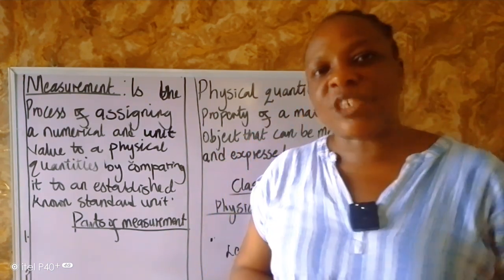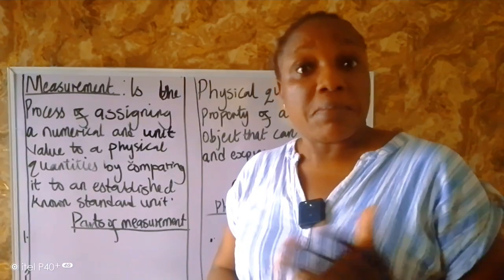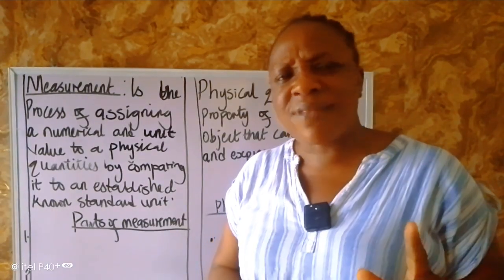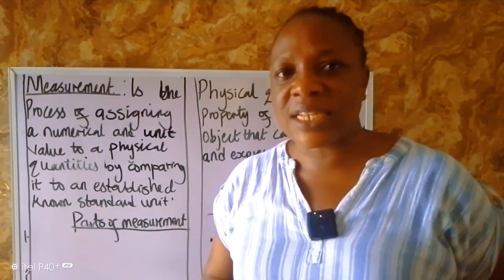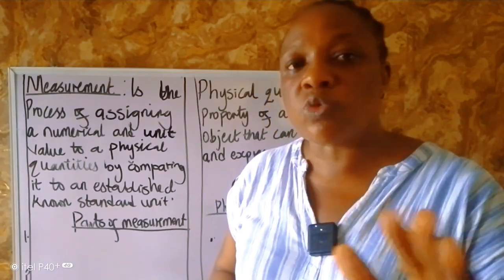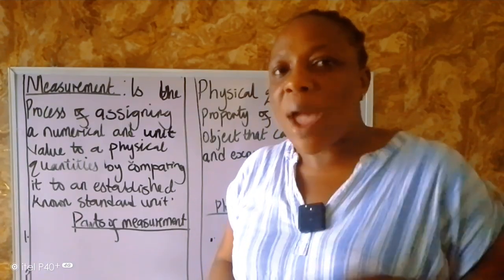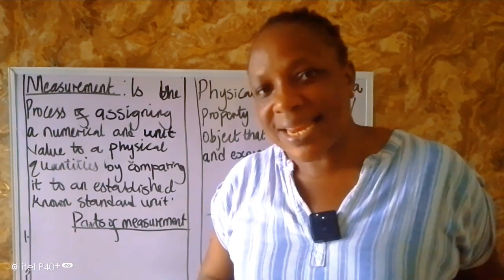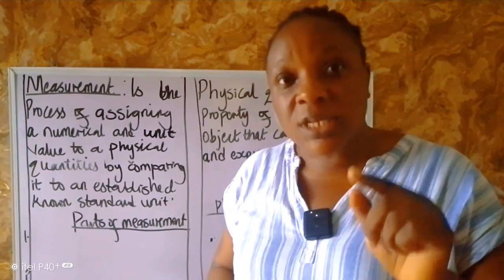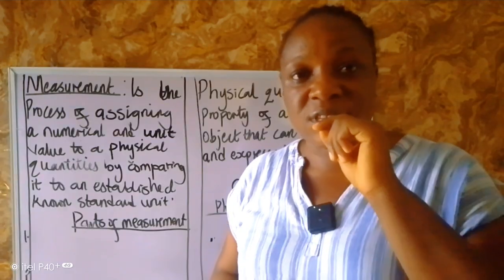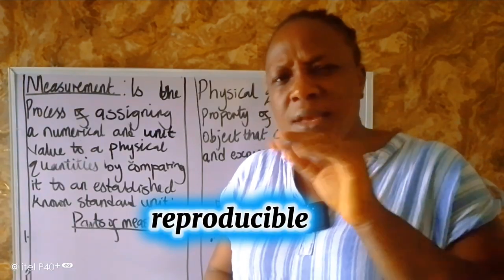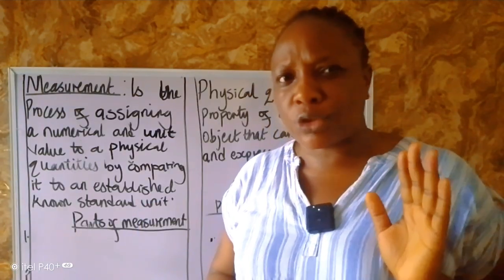We agree internationally. Maybe in your local places, you have the things you call them. But others will not understand it because there was no agreement. Have you seen why? You can call it anything. But for this one, it's internationally recognized. It is reproducible, it is correct, it clears confusion.